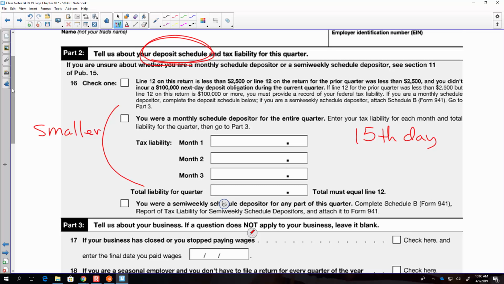And larger companies will do what? With larger payrolls, they have to pay semi-weekly. Semi-weekly. And there's a separate form called Schedule B that has the days of the month on it.